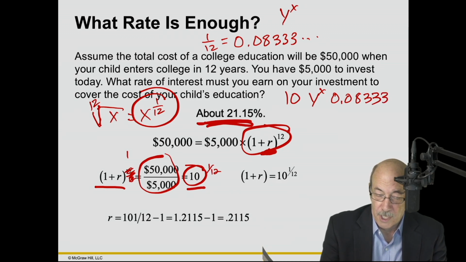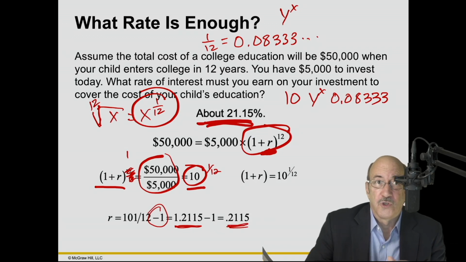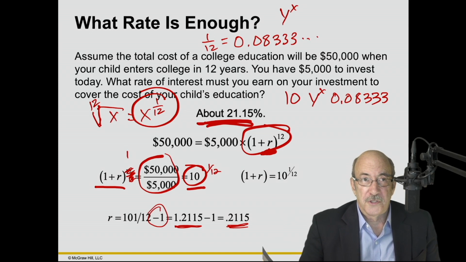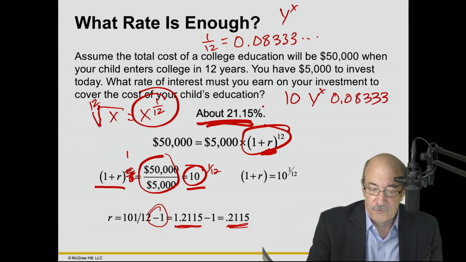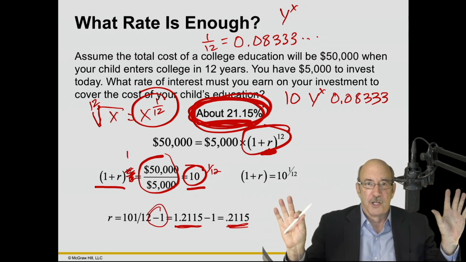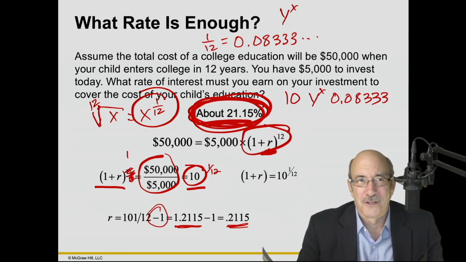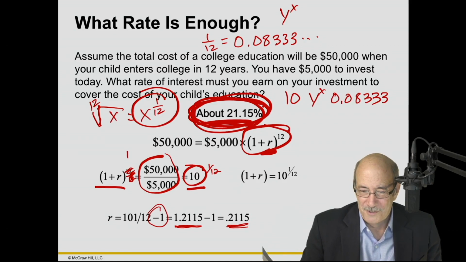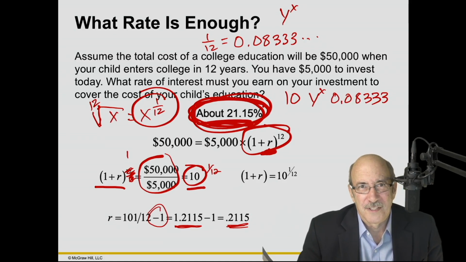And you will end up with a value of 1.2115. Now we still have to subtract that 1, and we're left with 0.2115, which is the decimal equivalent of 21.15%, right up here. We're done with the algebraic gymnastics, but it's always a good thing to practice that stuff.